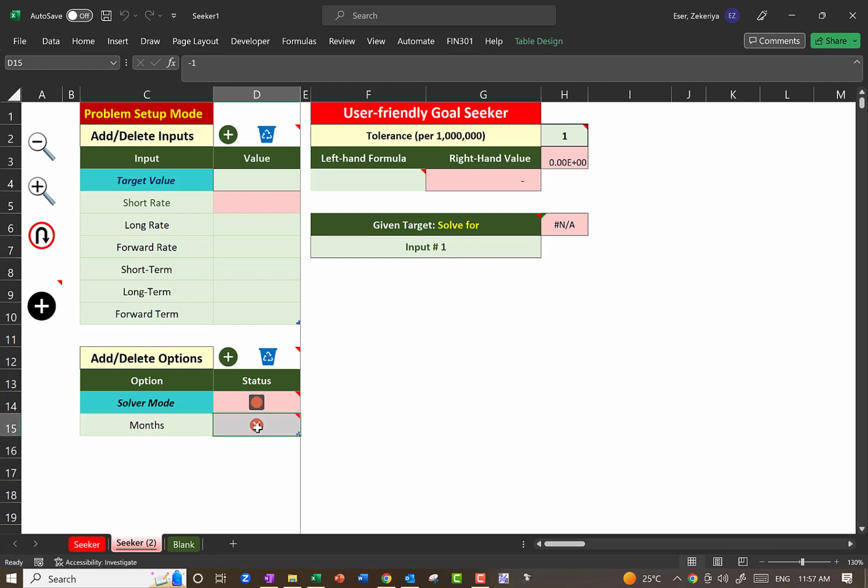In fact, I'm going to actually calculate that from here. Actually, let's go ahead and enter it by number, even though we can calculate it.